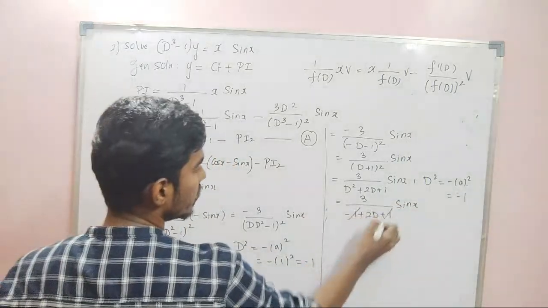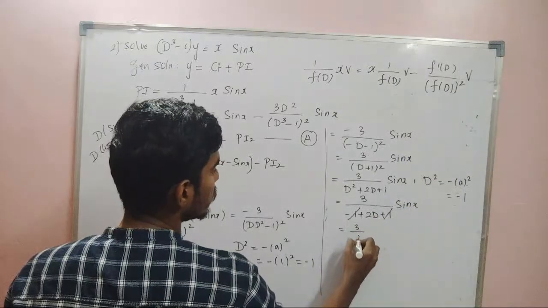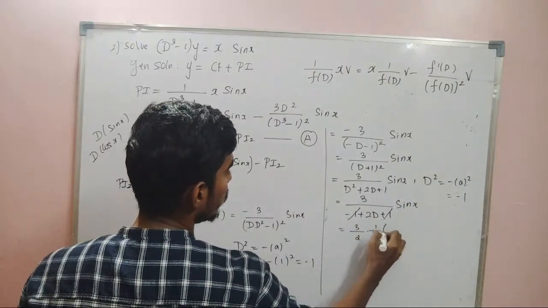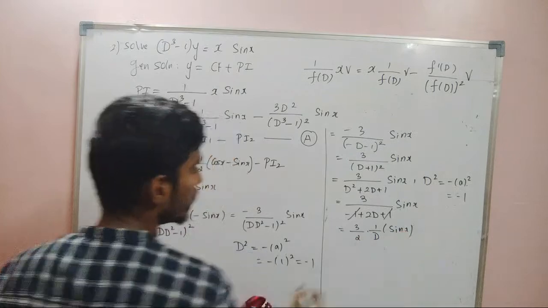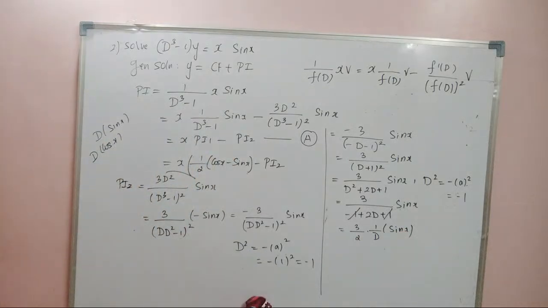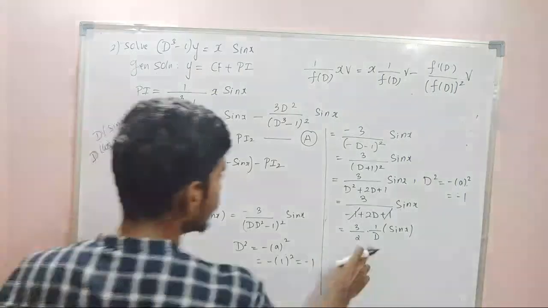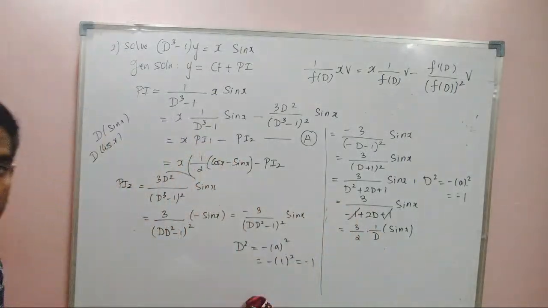So this and this will get cancelled. So we have 3 by 2 into 1 by d of sin x. You can see minus 1 plus 1 will get cancelled because d square is minus a square. So we have only 2d, right? If I have d of sin x, we need to differentiate. If I have 1 by d, it means we need to integrate.